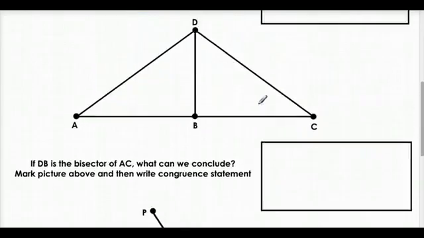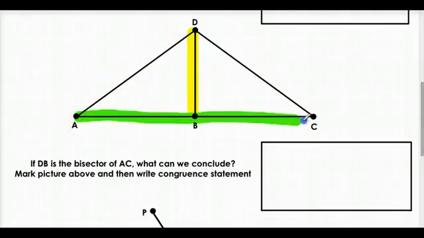All right. 2. If DB is the bisector of AC, so this is DB. You know what? I want to try this highlighter function. So if DB is the bisector of AC, what can we conclude? Well, we know when we bisect something, it cuts it in half.